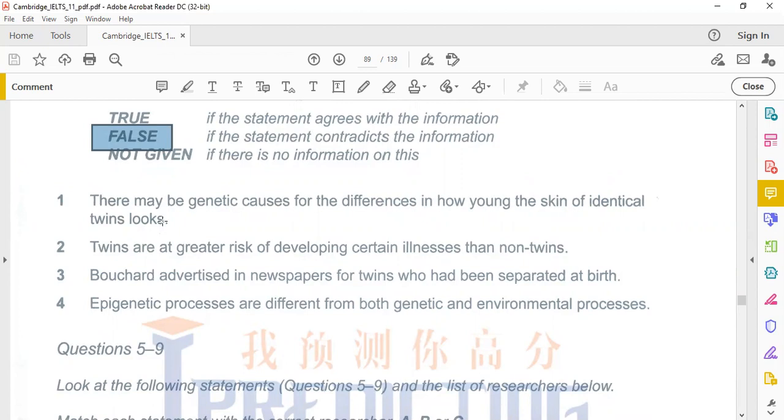The first option: and there may be genetic causes of other differences in how young the skin of identical twins looks. Okay, so this is what you should say.